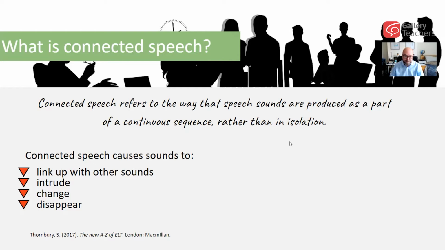Now, in today's pronunciation, we're going to look at some of the main features of connected speech, which you can see here on screen. And that is when sounds link up with other sounds, when sounds intrude, when sounds change, and when they disappear. Now, this terminology is relatively simple and is very student friendly.